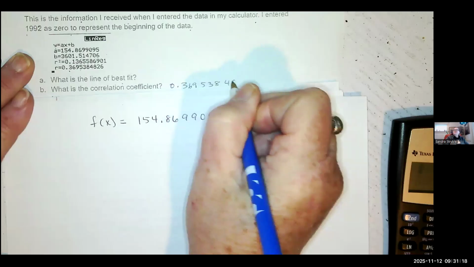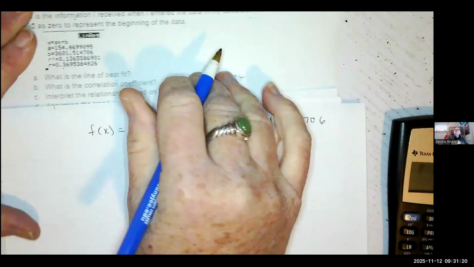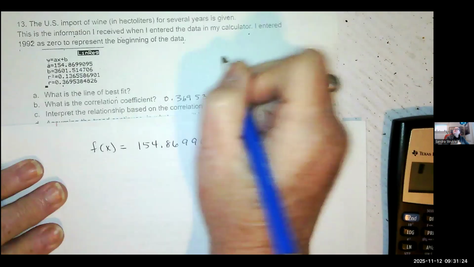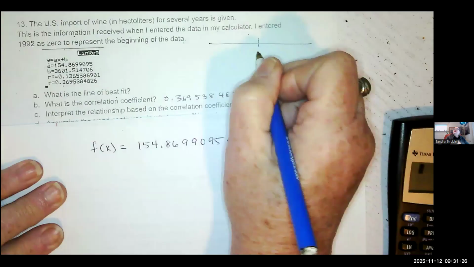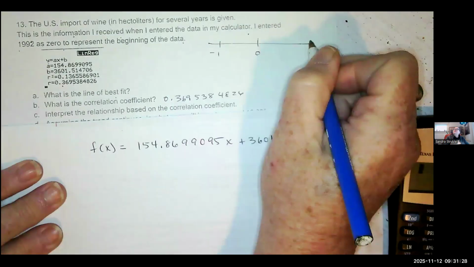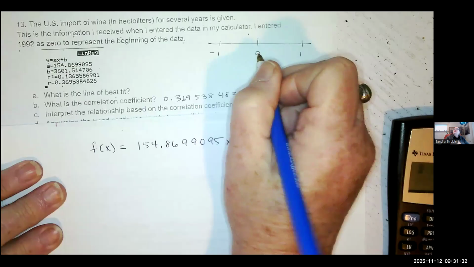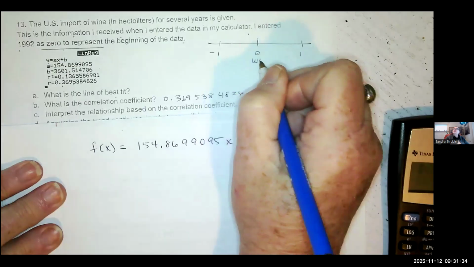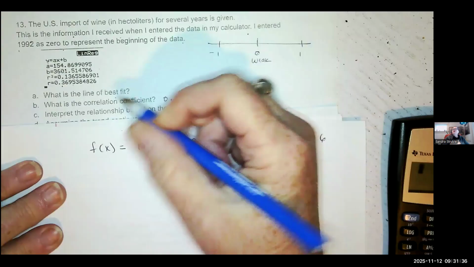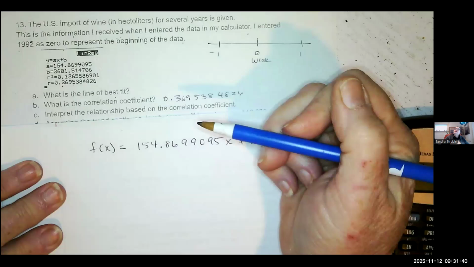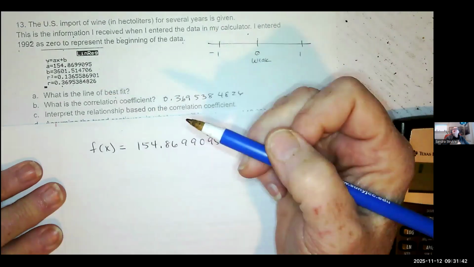Interpret the relationship based on the correlation coefficient. Now, I always like to think of it as there's 0 and there's -1 and 1. If it is closer to 0, that means that it's going to be weak. If the correlation coefficient is positive, it's weak, but a positive relationship. If it is negative, it is a weak, but negative, relationship.